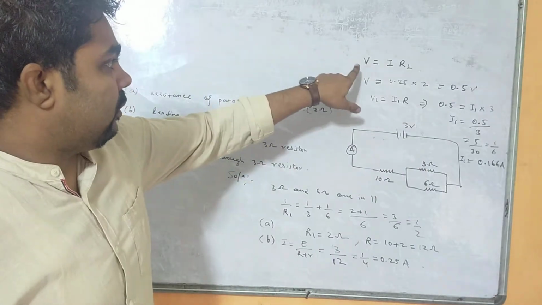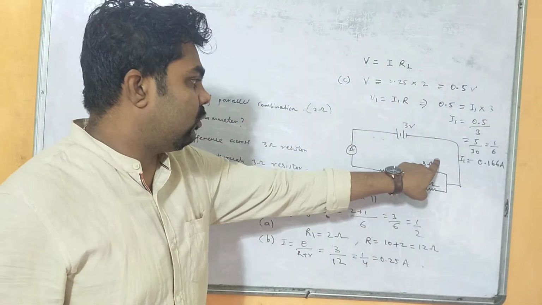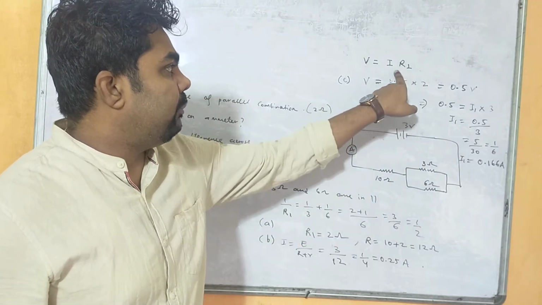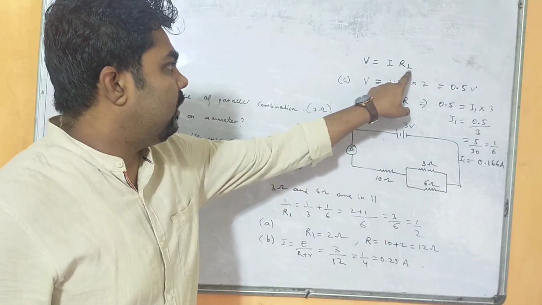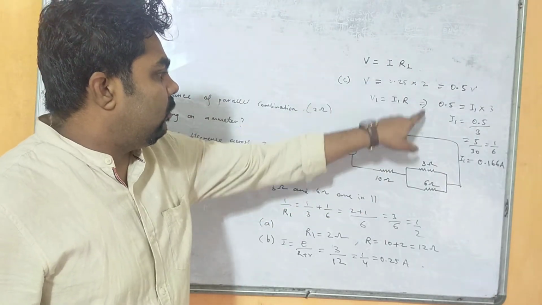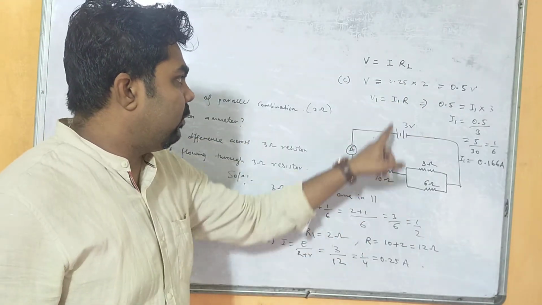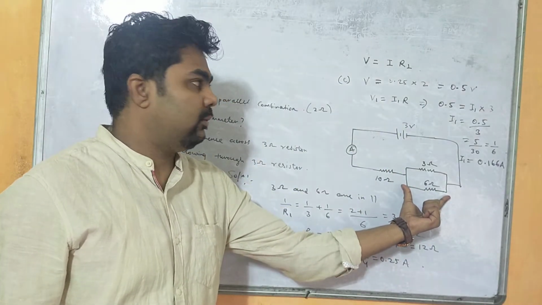So we have to use the formula V equals IR. Now IR means not only 3 ohm, because 3 ohm is in parallel with 6 ohm, so we have to take the total combined resistance. That is I R1 is total. So R1, what is the total resistance here? That is 2, I we got the total current, that is 0.25. So we will get the potential difference across this branch.